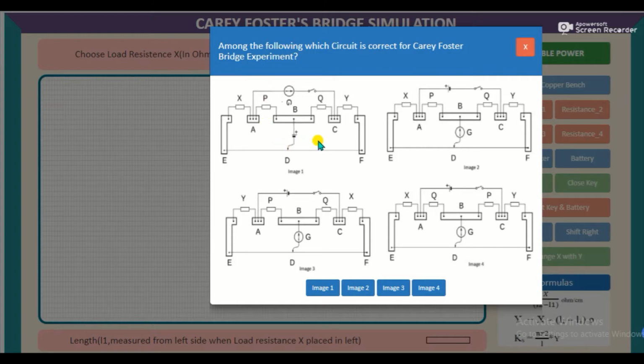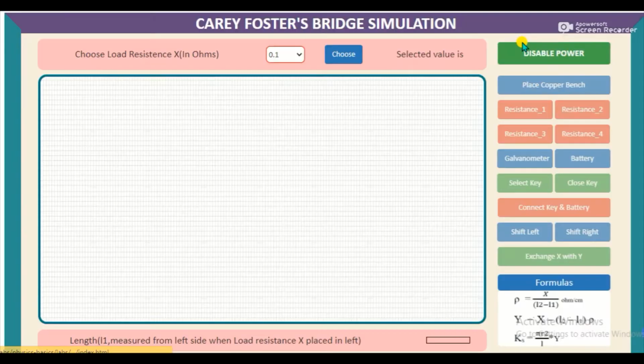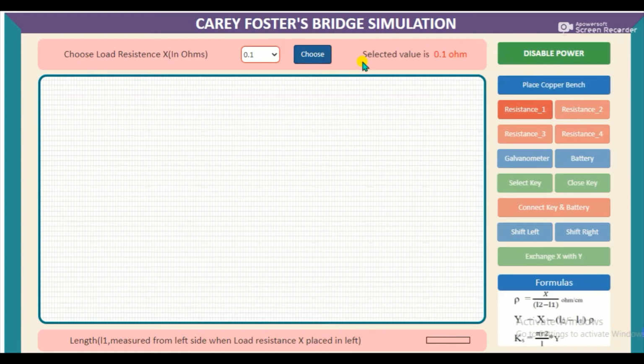As we have discussed in theory, image 2 seems to be correct, so let us select it. This is the right answer. Now we can choose this, and our selected value is 0.1 ohm.